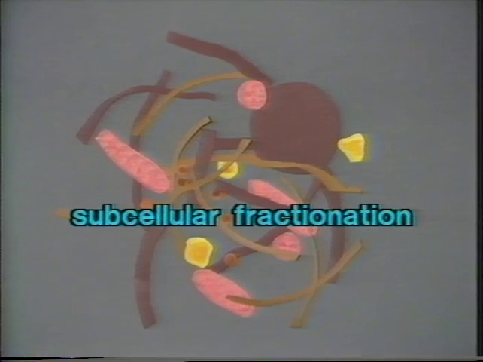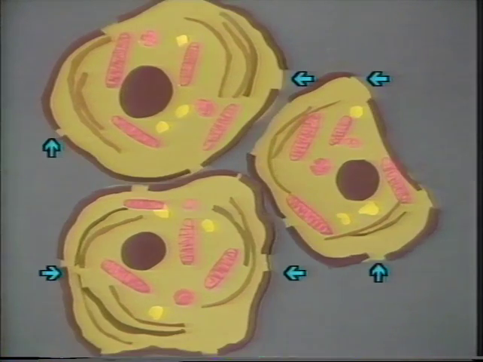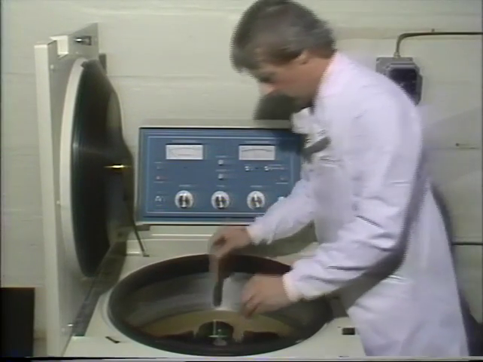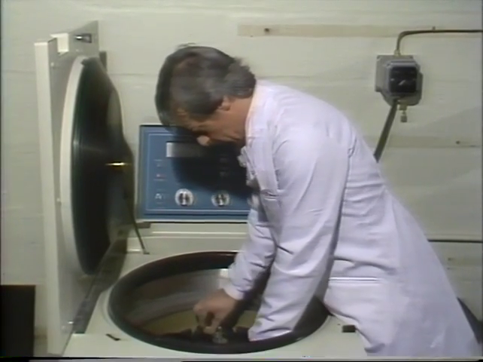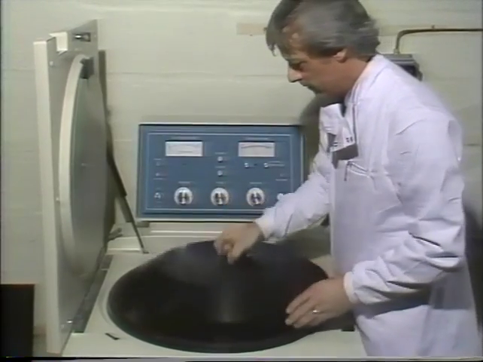Isolating the different parts of the cell from one another involves a procedure called subcellular fractionation. In principle, what happens is that cells are broken open so that their organelles are released. The resulting mixture of nuclei, mitochondria, lysosomes, ribosomes, and cytoplasm is then centrifuged at different speeds using a very high-speed centrifuge, usually called an ultracentrifuge.